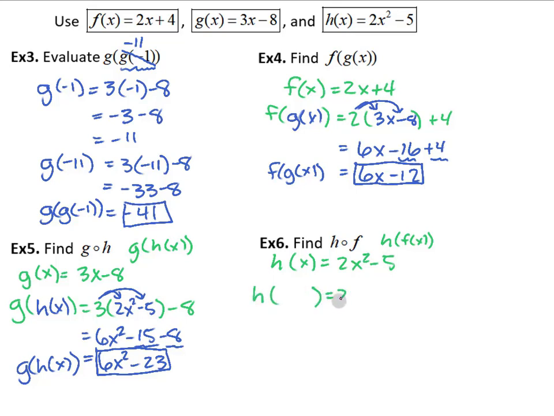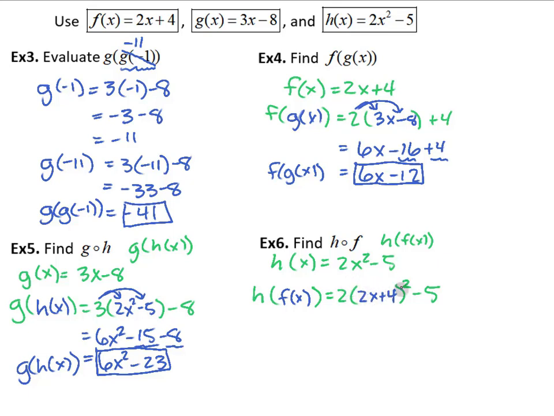So we're going to do h of f of x, which will be 2 times our x value squared minus 5. And what we're plugging in, of course, is the function f of x, or the expression for f of x, which is 2x plus 4.